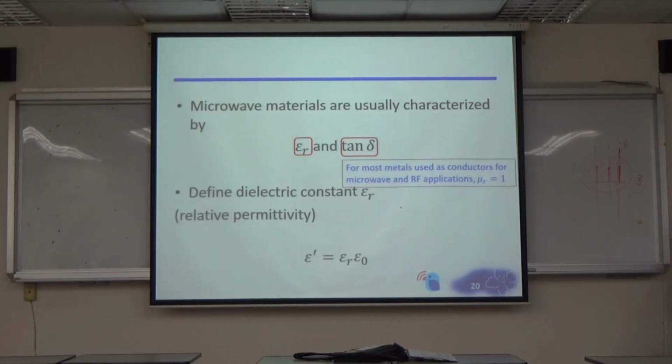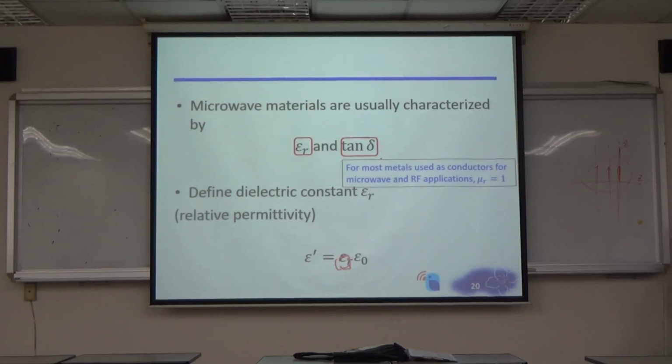Epsilon r is the relative permittivity, because it is a constant number for your material multiplied by your epsilon 0. So we call this relative permittivity, epsilon r.